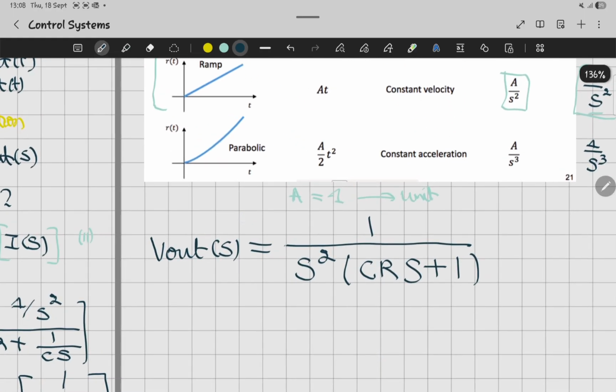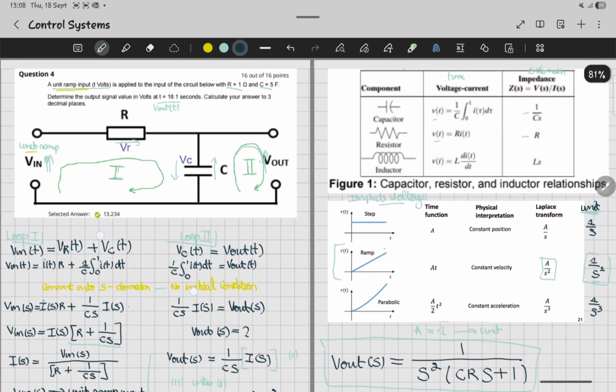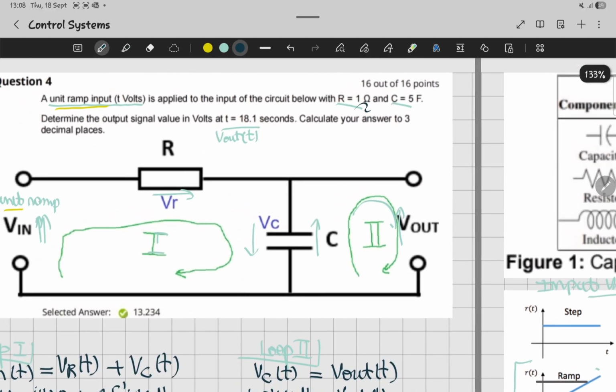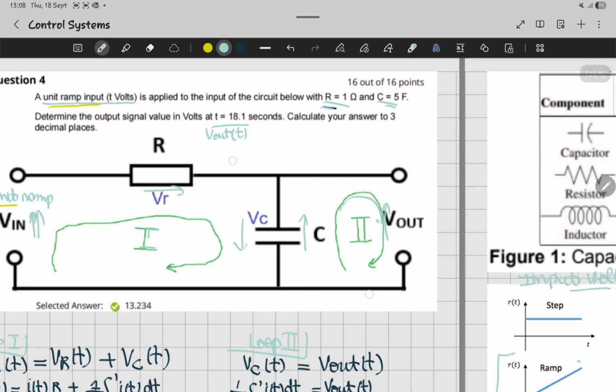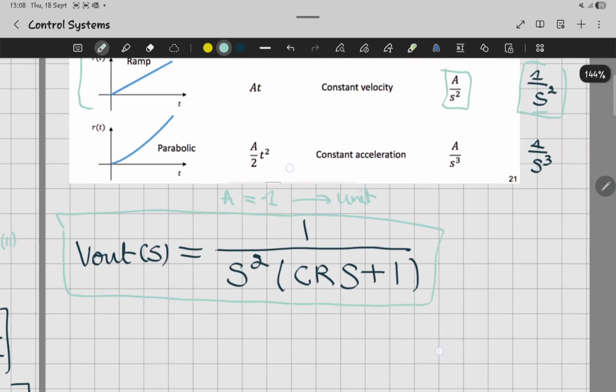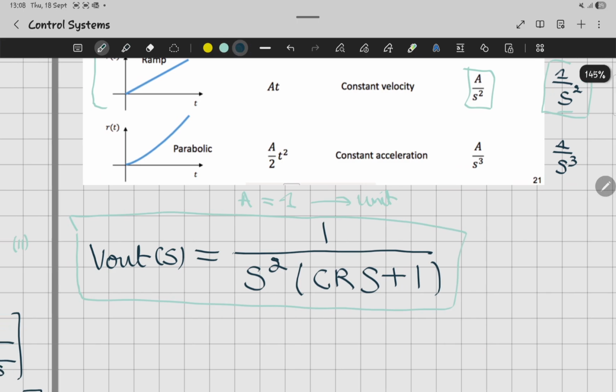And once you get this equation for V out, you have to replace the values that you see here: R equal to 1 and C equal to 5.